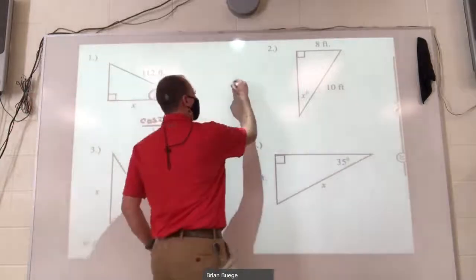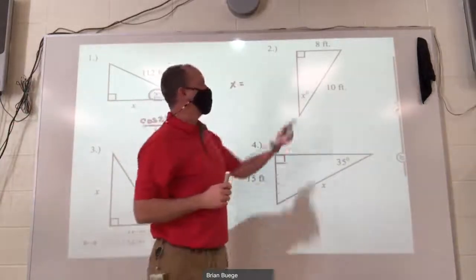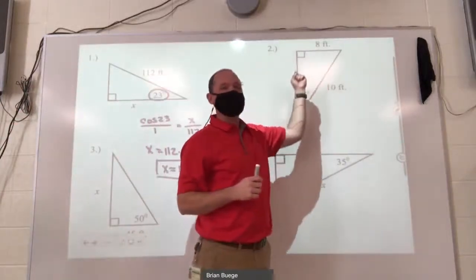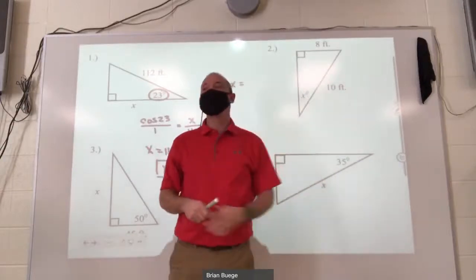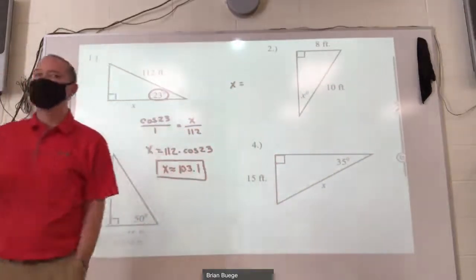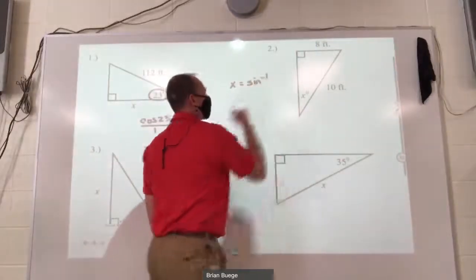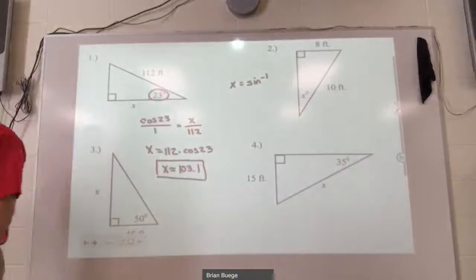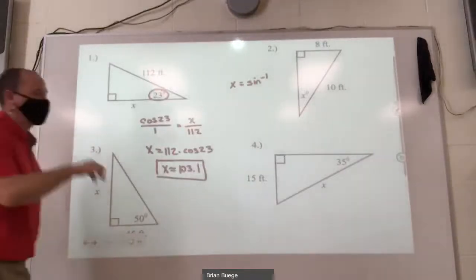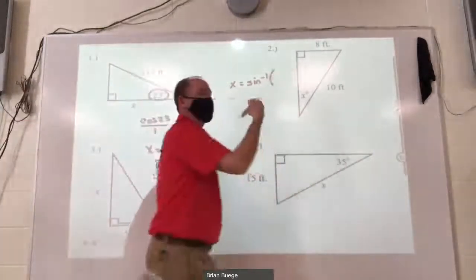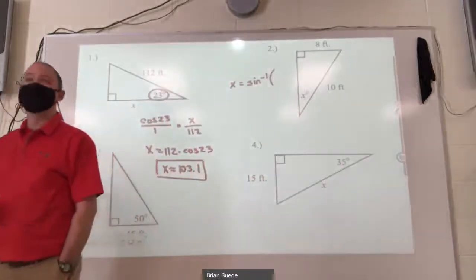If we take a look, x equals 8 is the opposite leg, 10 is the hypotenuse, and therefore opposite to hypotenuse, that once again is your sine ratio. But we're going to do inverse sine because we're looking for an angle, not a side leg. The ratio that we set up is always the ratio of what I'm taking the inverse of.